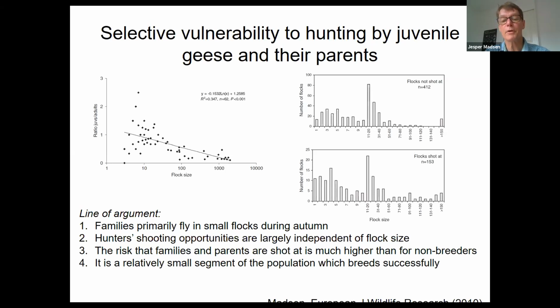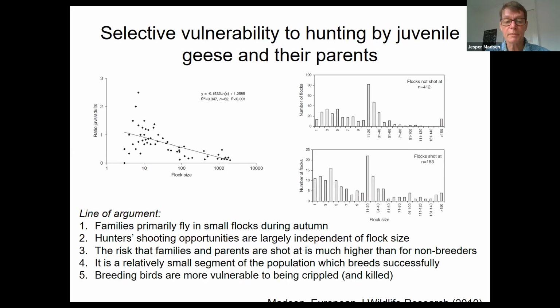So it's very often the same birds that are good breeders and turn up with young in the autumn. So breeding birds are probably more vulnerable to being crippled and killed. So it may actually be that the breeding segment of the population is the one that is most exposed and at risk of being crippled over time, and therefore also has a higher risk of being killed. So this supports this selective vulnerability hypothesis.